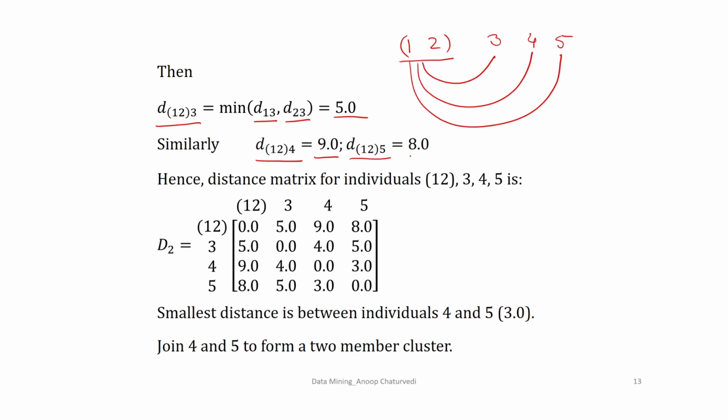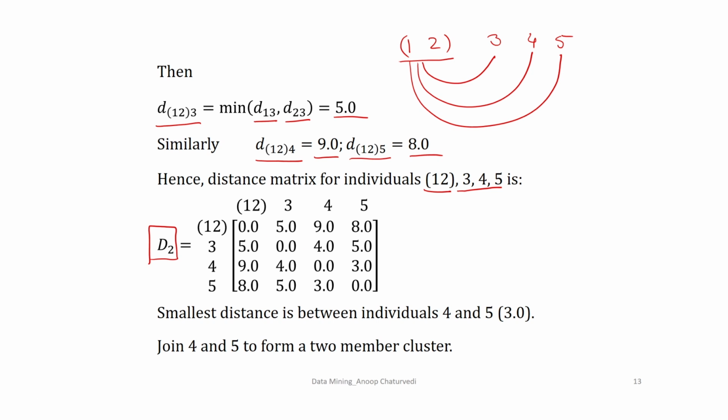And then the distance matrix for individuals 1, 2, 3, 4, 5 is, you write this distance matrix as D2, and then you have rows and columns as D1, 2, 3, 4, 5, and then we write different distances here.